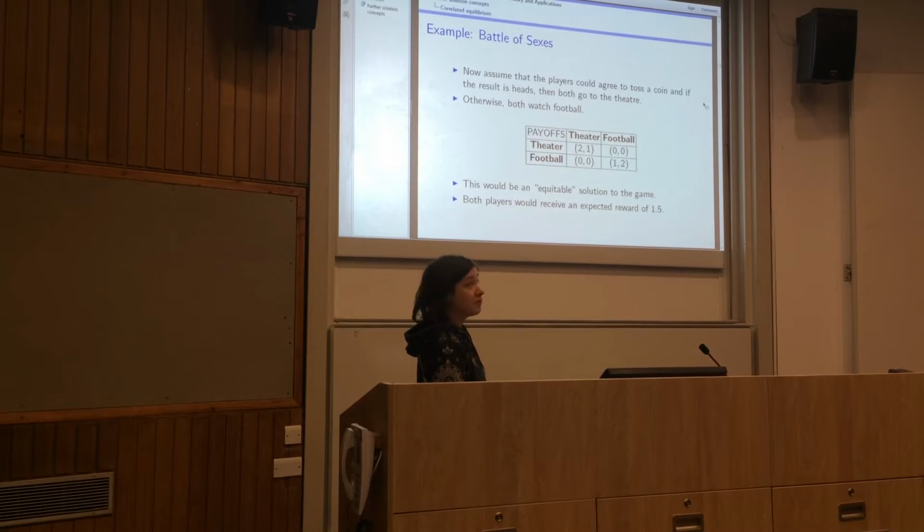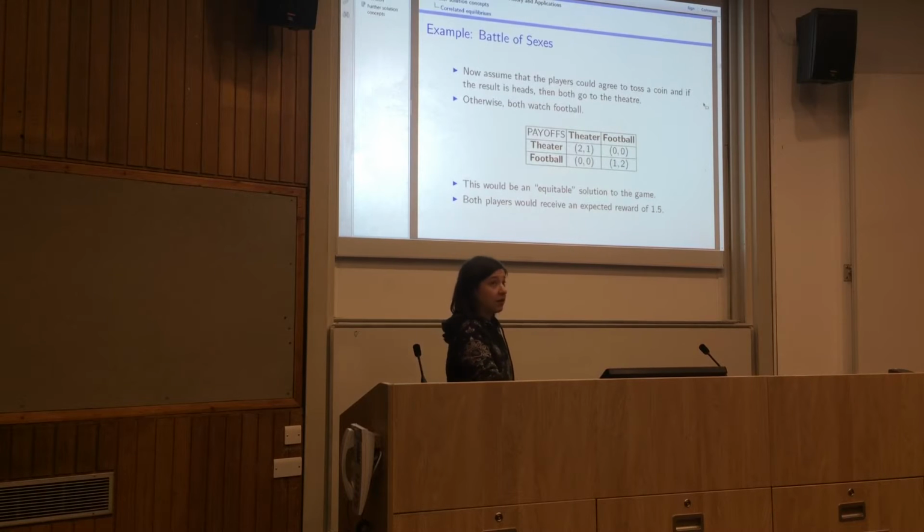And they would give probability 0 to going to different places. So this would be a solution which is equitable for the two Nash equilibria in this game. And the expected reward under this probability distribution for both of the players would be 1.5, much greater than 2/3.